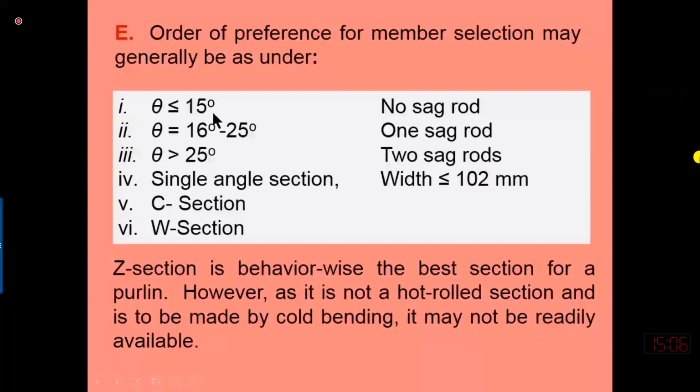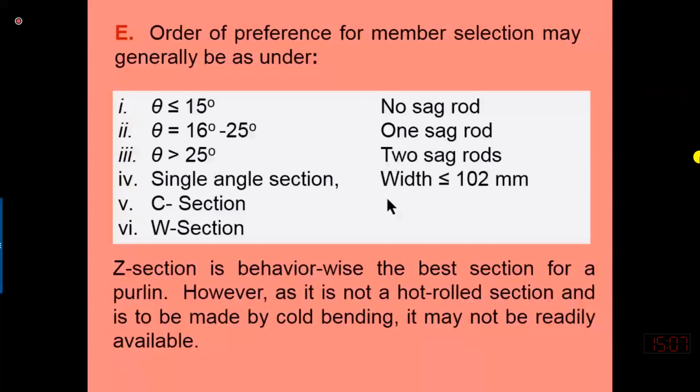I told you that these are the rods which provide lateral bracing to our truss so that it cannot deflect in the lateral direction. So let me show you the sag rod also. You can assume that this is only one truss and this is another truss. So this is the sag rod.